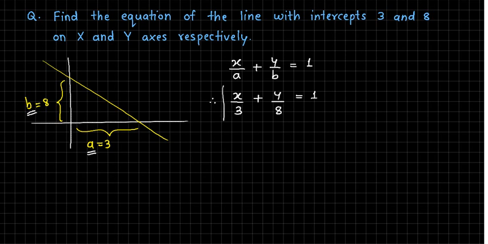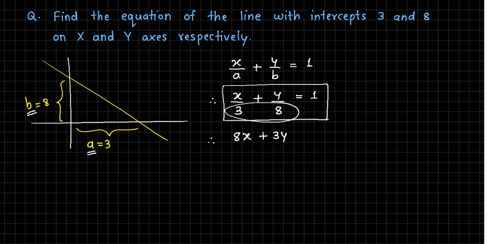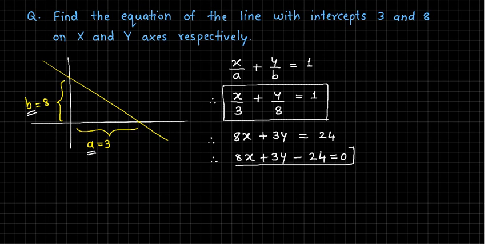Now although we can keep this equation as it is, that is fine, but we can simplify it also by cross multiplying on left side. So we'll get 8x plus 3y divided by 24, which was the LCM, we will take it to the right and write it as 24. And if you want, we can bring everything on one side and write it as 8x plus 3y minus 24 equal to 0. So that is the equation of the required line.